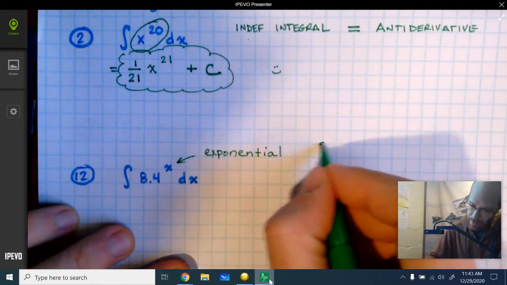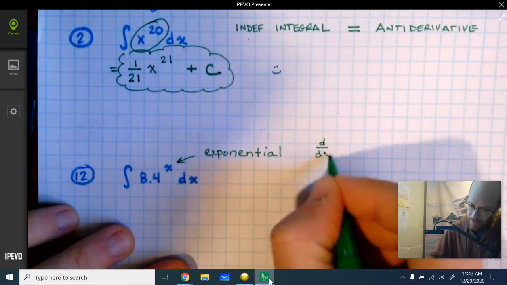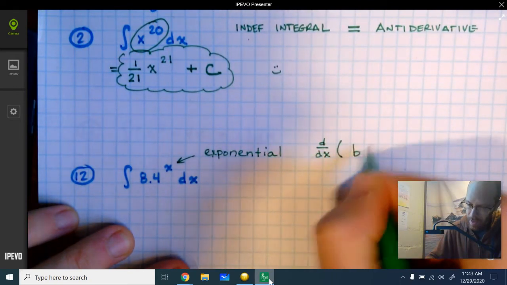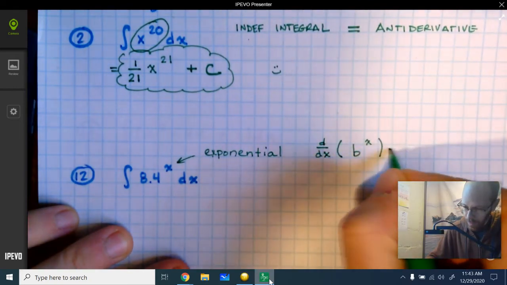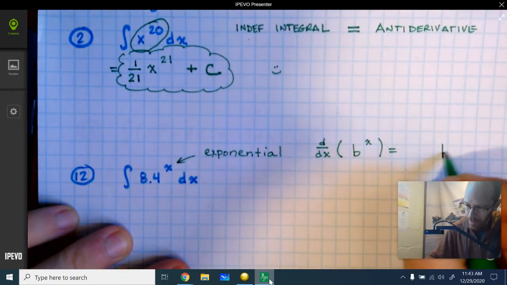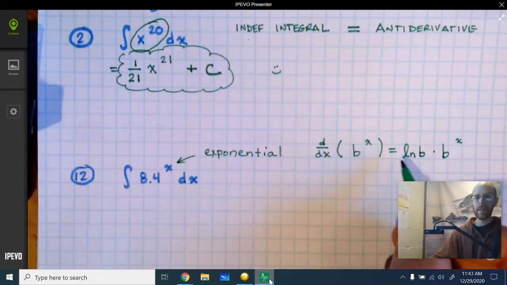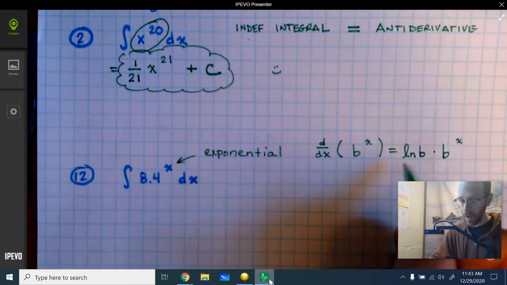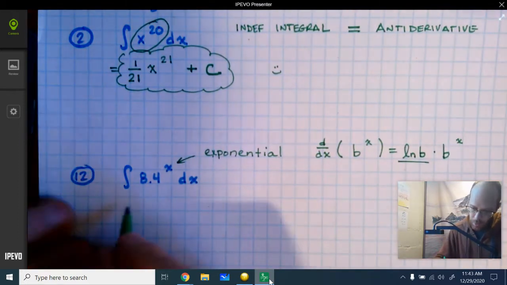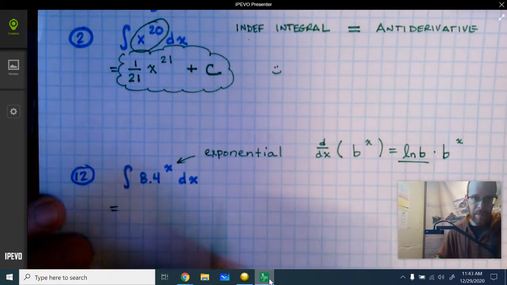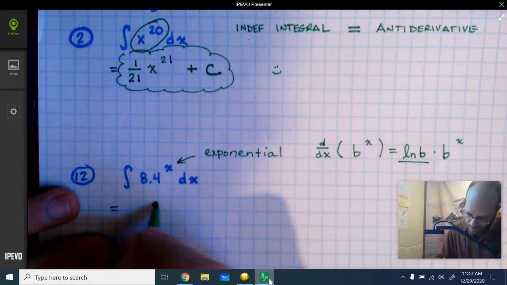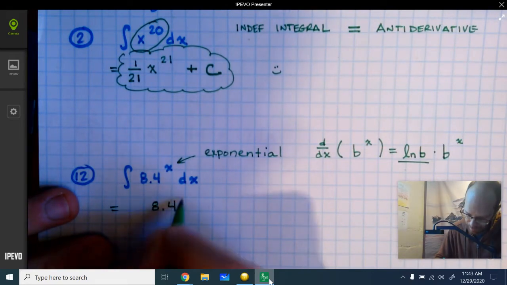Recall that the derivative of any function that has x in the exponent will be the exact same base to the power, but with a constant. And that constant is the natural log of the base multiplied in front of it. So a good guess anytime you've got something like this is the exact same thing.